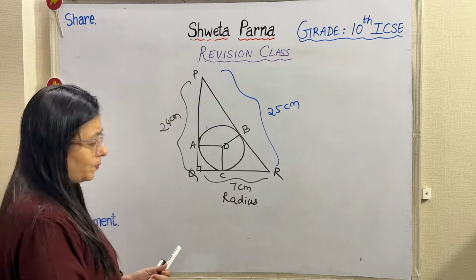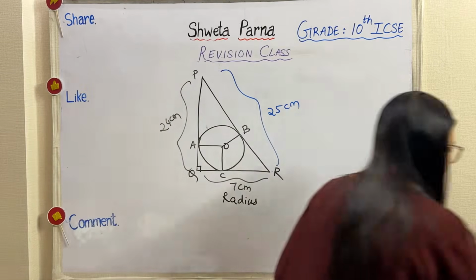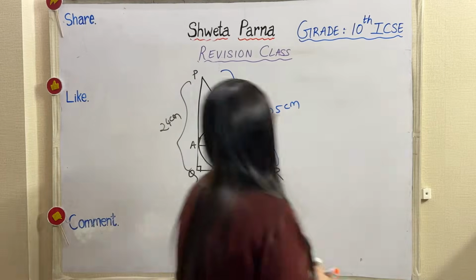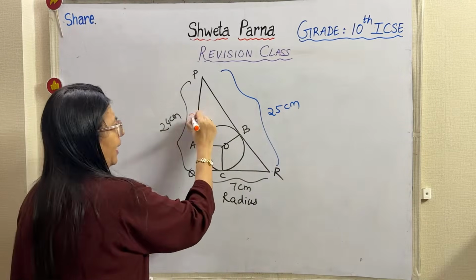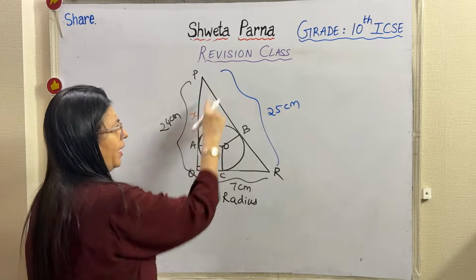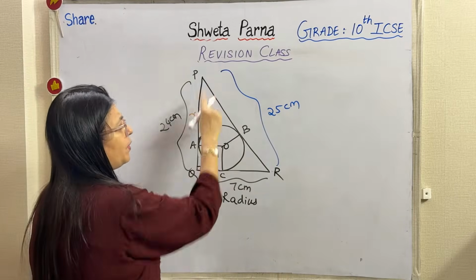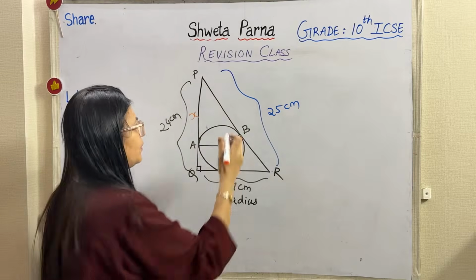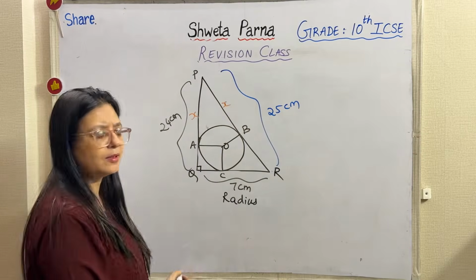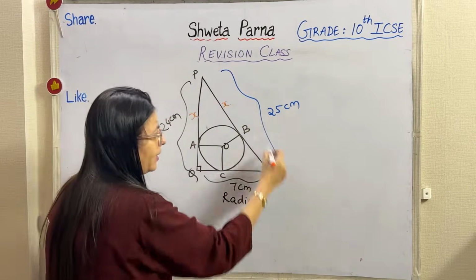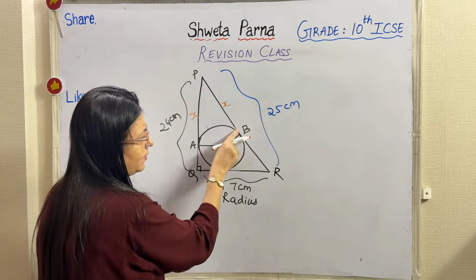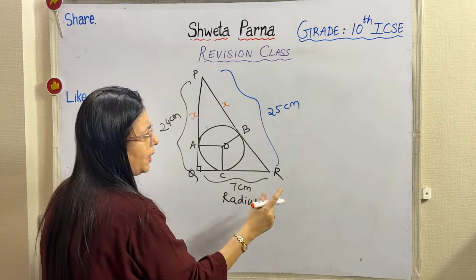Okay. Now, let's assume AP as X. Since AP will be equal to PB, tangents of the same circle, even this is X. Now this entire thing is 25, till here it is X. So what would be BR?